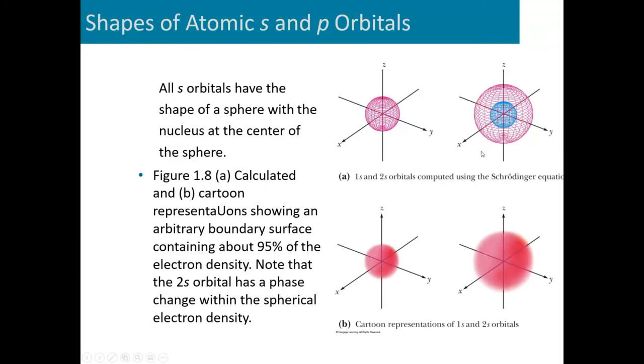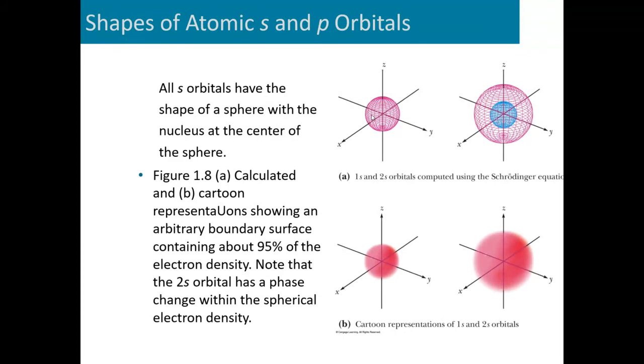And because of that, the 3s orbital is higher in energy than 2s, and so on and so on. And therefore you have a larger radius. So the 1s orbital will be the smallest, then 2s will be bigger, 3s will be even bigger, and so on. And this is, of course, the electron density map that has been calculated.